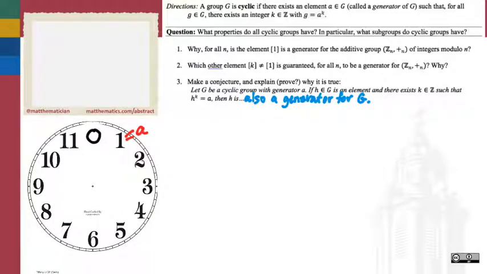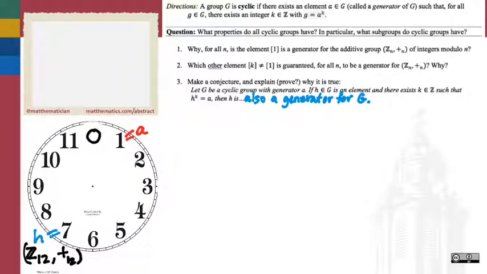Now the question is, suppose that I have some other element on my clock that gives me 1 when I raise it to a certain power. And by power here, remember, this is an additive group, Z12, so power means add that element to itself repeatedly. So let's suppose that we take H equals 7.